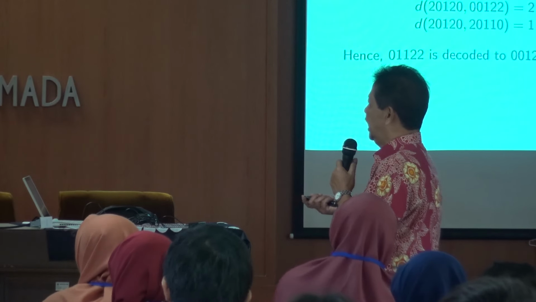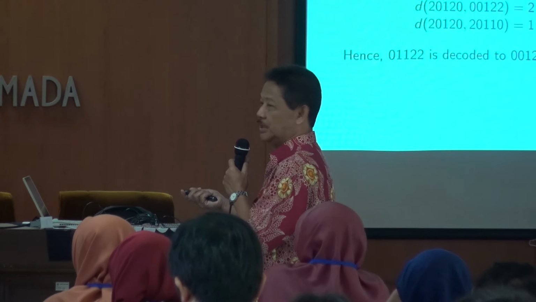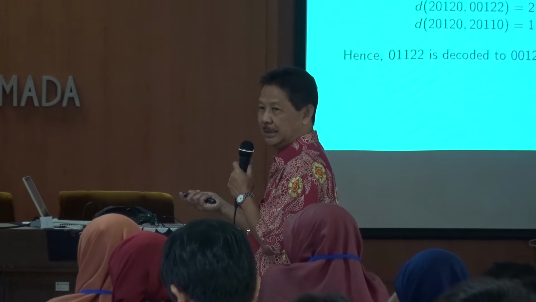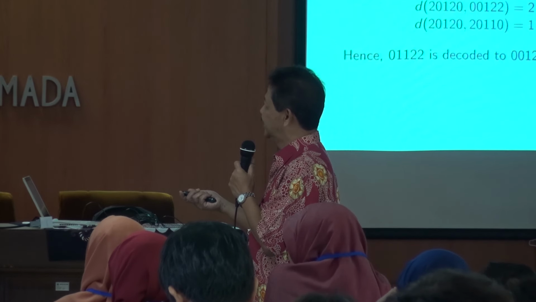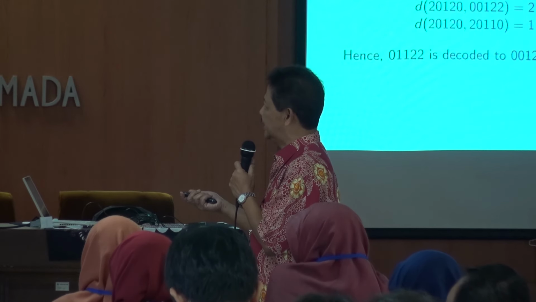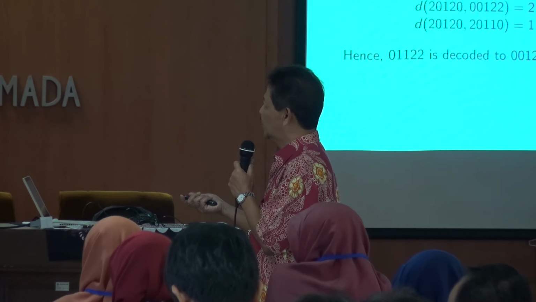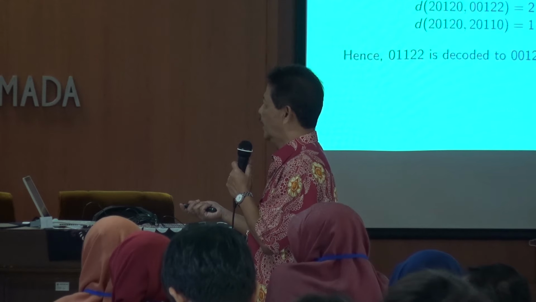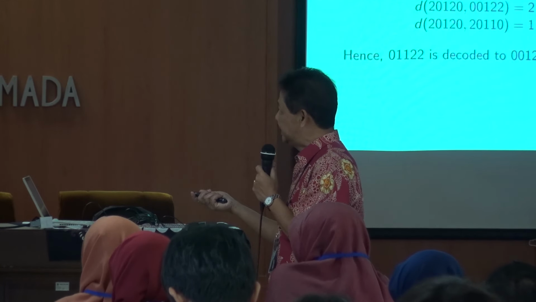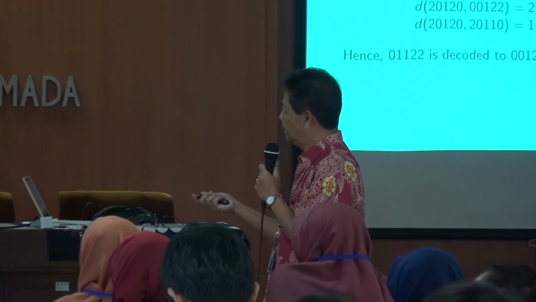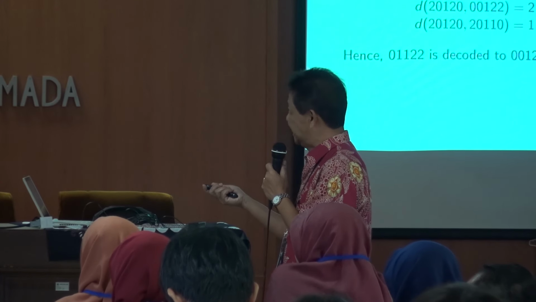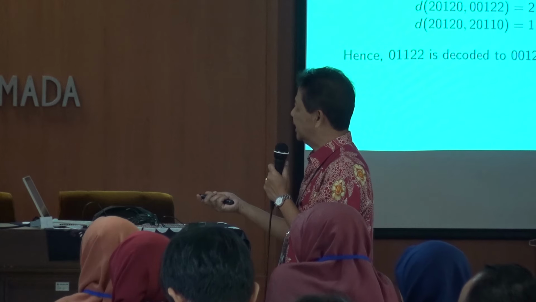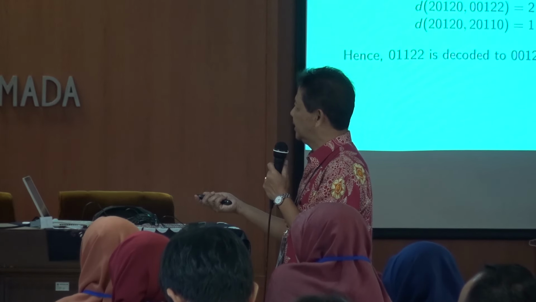So the smallest distance is 1. So 0, 1, 1, 0, 0 is decoded to 0, 0, 1, 0, 0, because the minimum distance is between this one and this one.